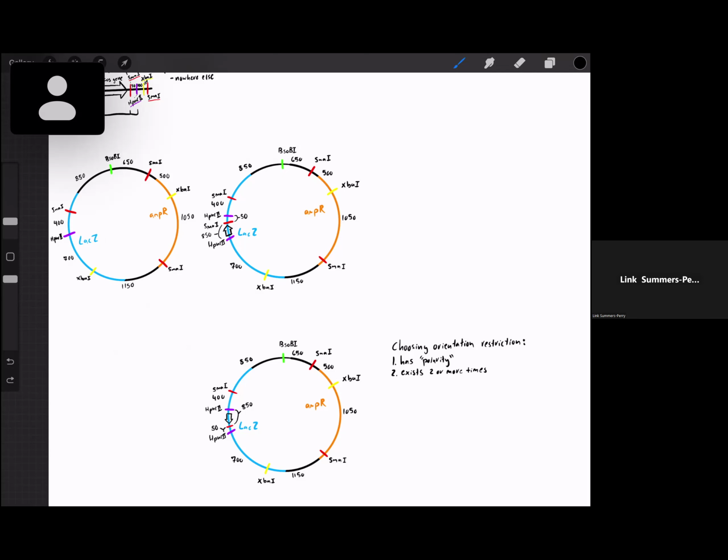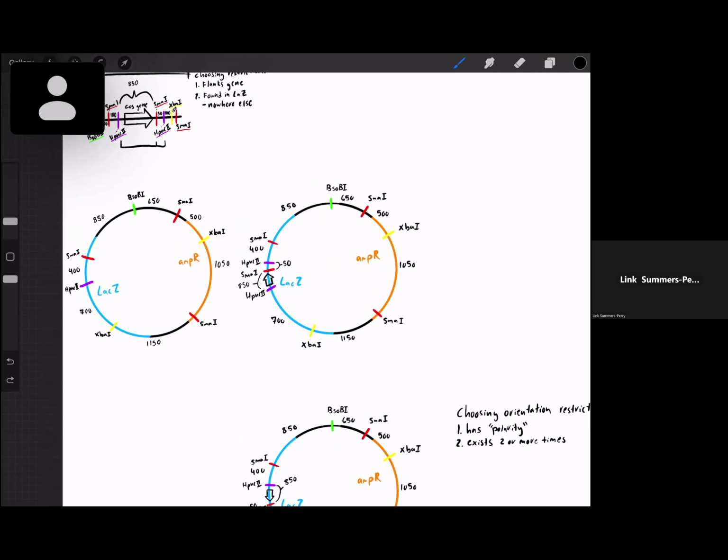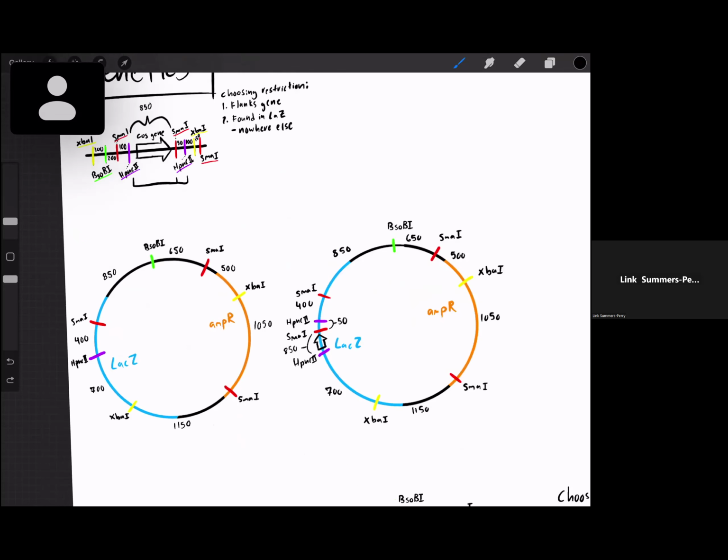So first, let's go over how we choose the restriction enzyme. It has to have polarity. What that means is, here is the sequence that we ended up inserting, right? Within this sequence, we need some value to change, and that will be polarity.